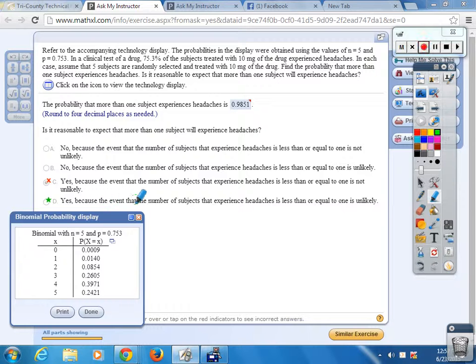Yes, because the event that the number of subjects that experiences headaches is less than or equal to 1 is not going to happen.